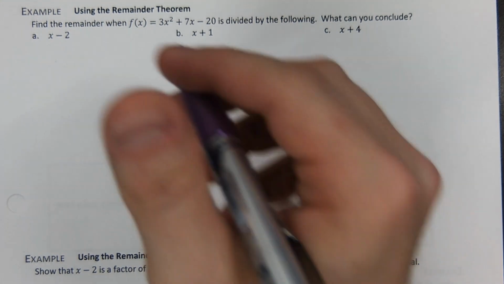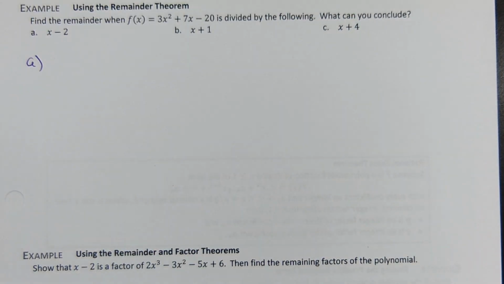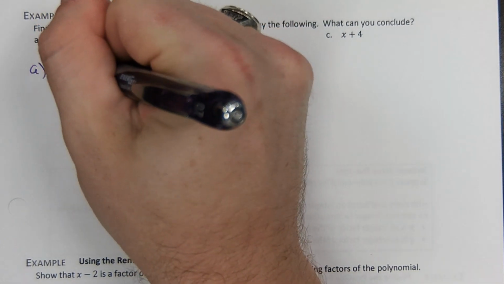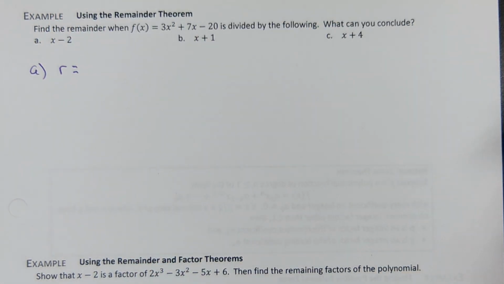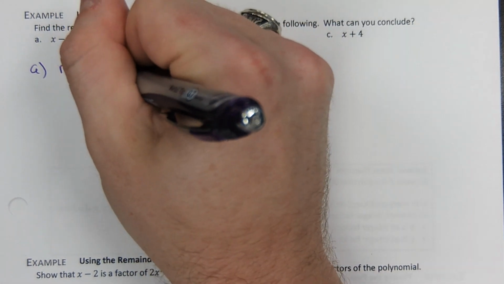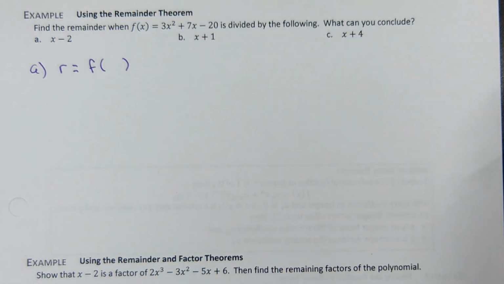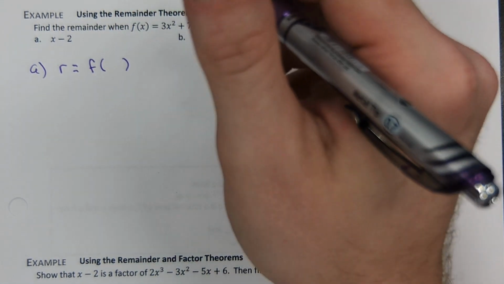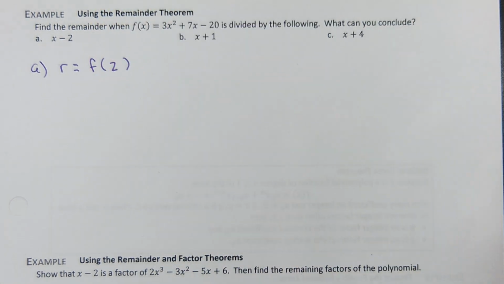Let's start with purple. A. The remainder, if we had divided by x minus 2, is the same thing as if we simply evaluate using the 0 of the divisor, 2.